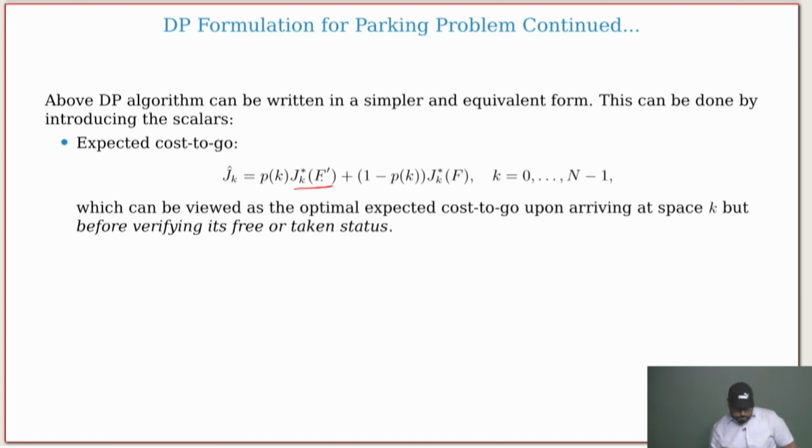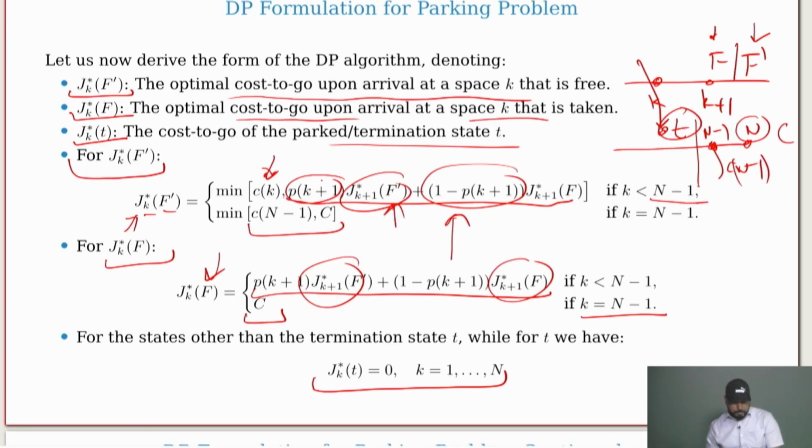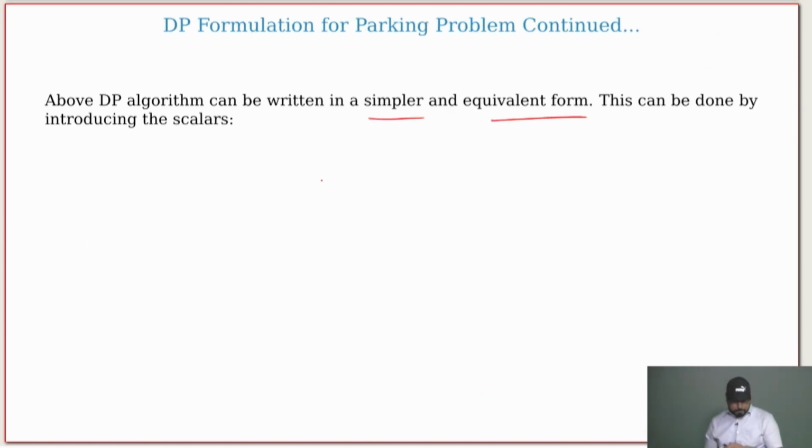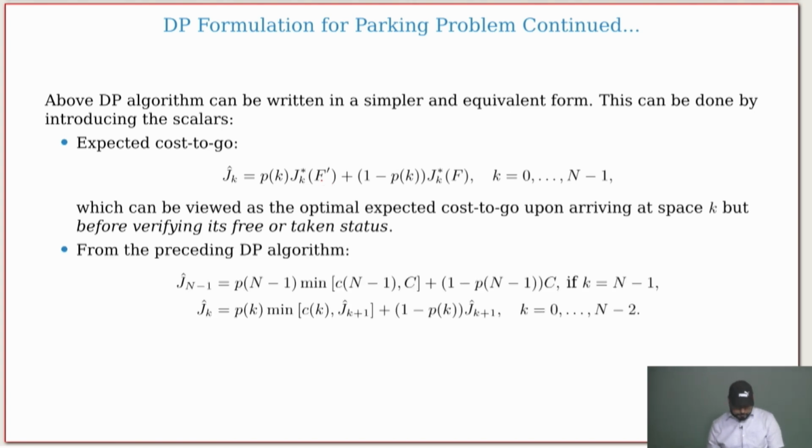And we can do this even before verifying whether the free or taken status is there. So in the previous case, I arrive at the k step, and then I decide based on the two cases whether it is free or not free. But I could have written it like this even before verifying whether it's free or taken.